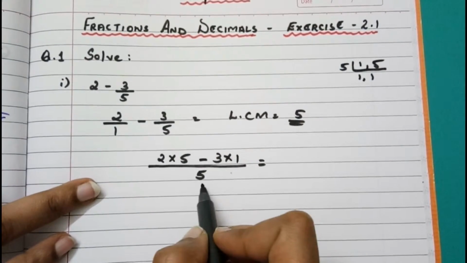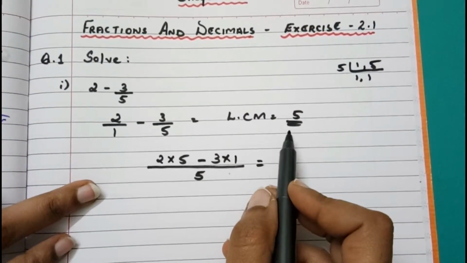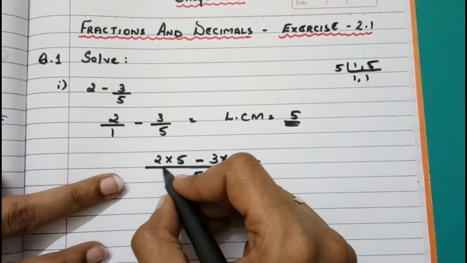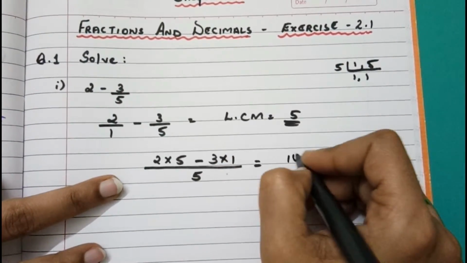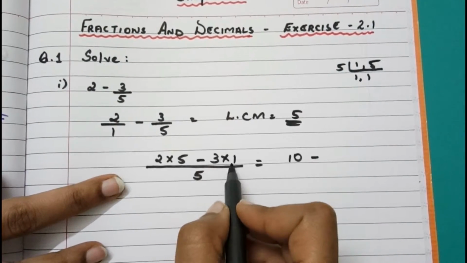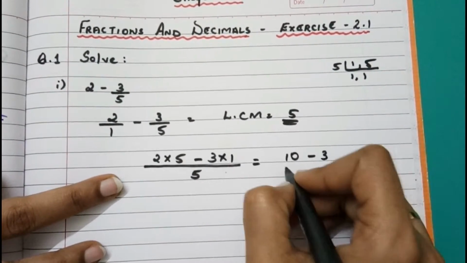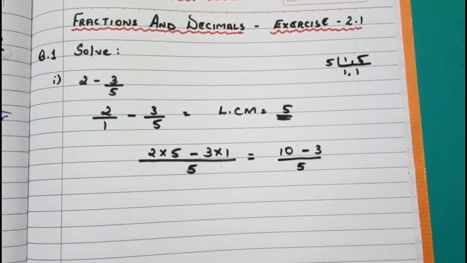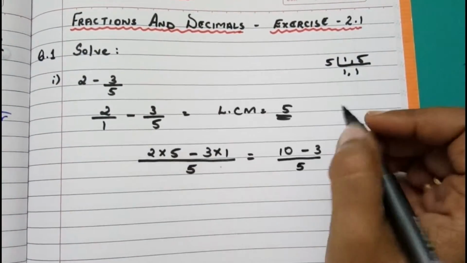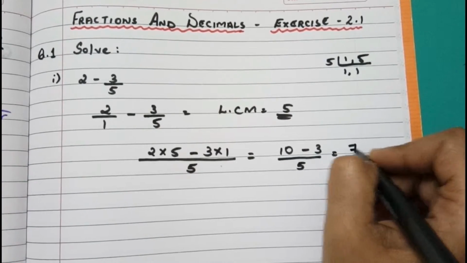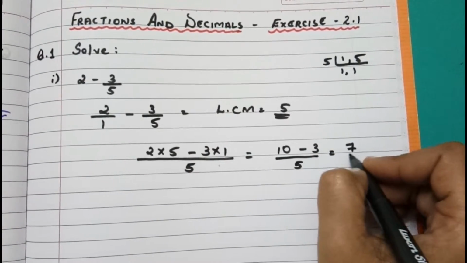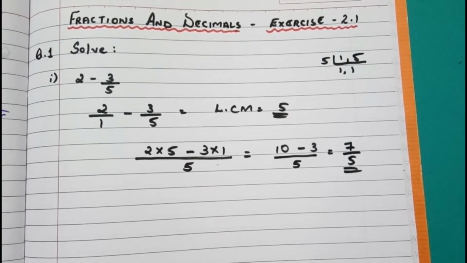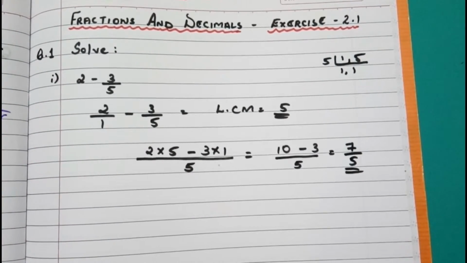Now they'll have the same denominator, because we have got the LCM, the common denominator of both. So 5 2s are 10 minus 3 into 1 is 3, by 5. Then 10 minus 3 is 7. 7 by 5 is the answer. Clear? So this is the first answer.